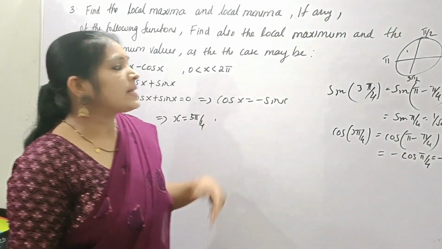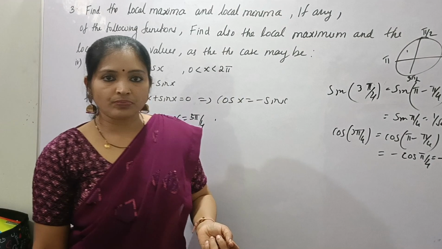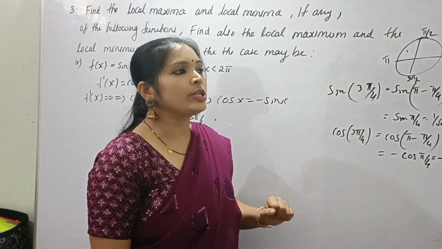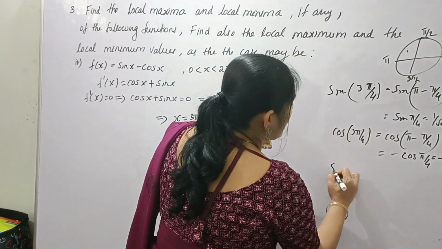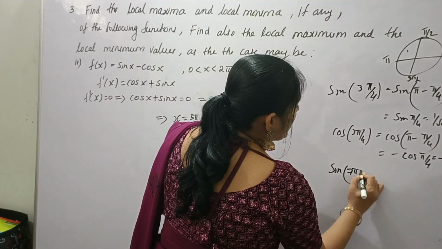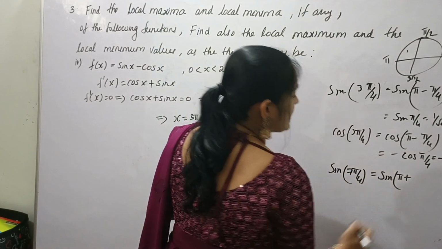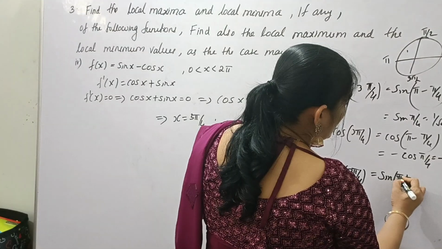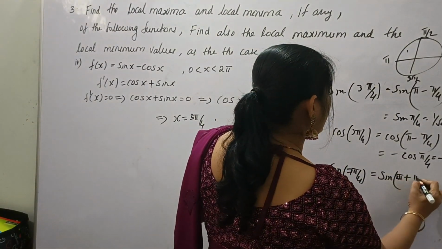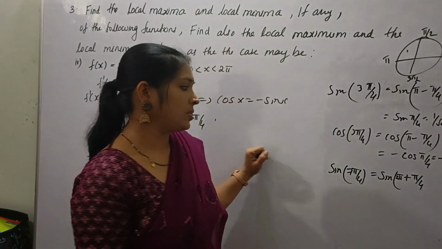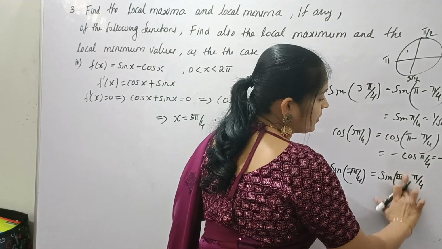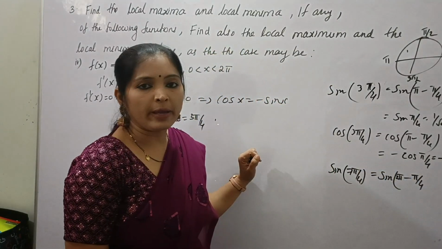And also we know sin 7 pi by 4. See, how can we write 7 pi by 4? Sin 7 pi by 4 is nothing but sin of 2 pi minus pi by 4.